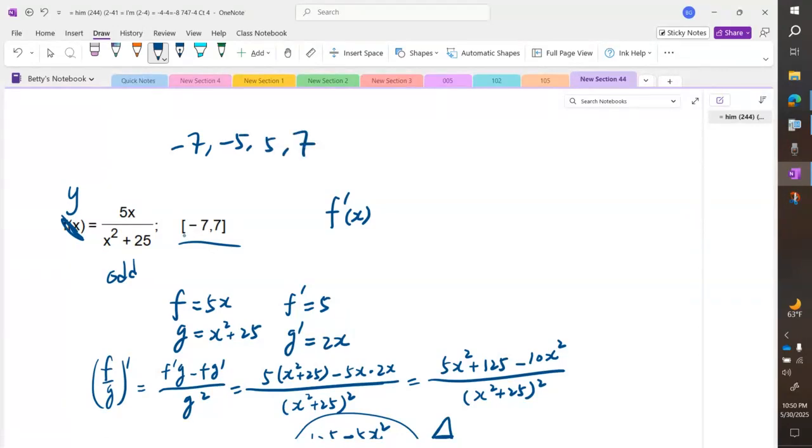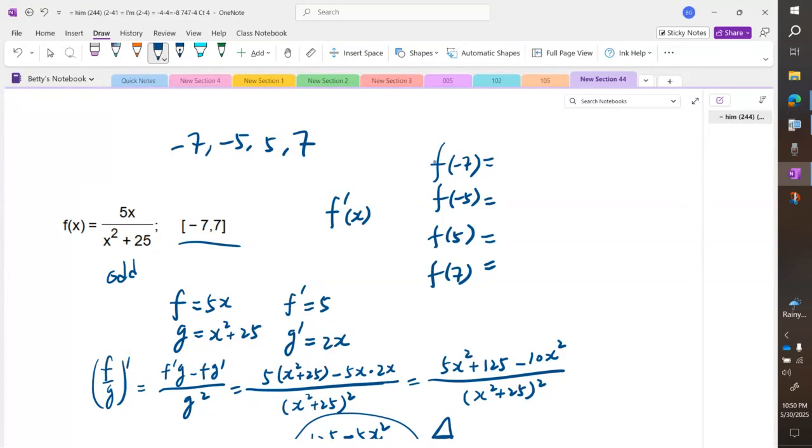Now we're going to go back. This is f. We want to know what is f of -7, f of -5, f of 5, and f of 7. We cannot do synthetic division because this is not a polynomial. So we would have to plug in. Good news is we know it's an odd function. You can use the property of odd function.